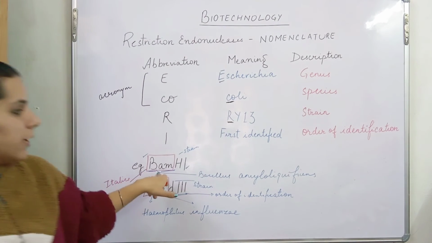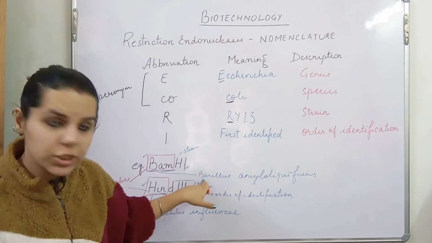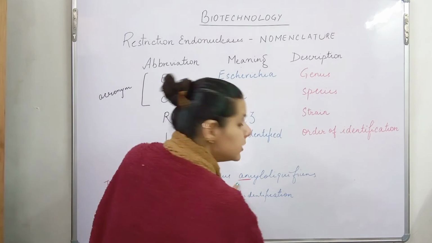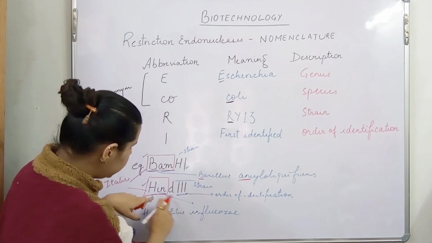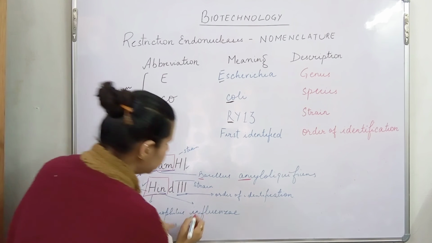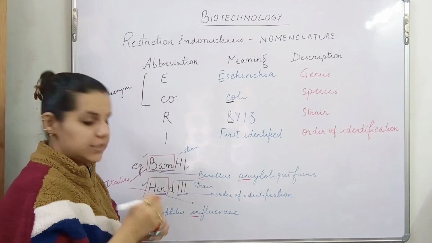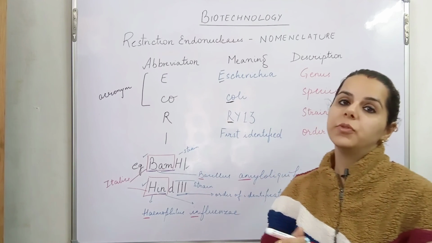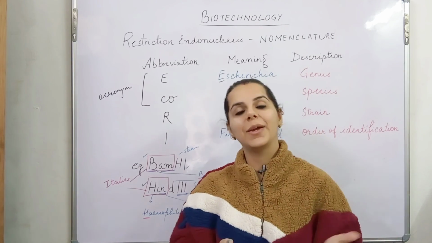Now the B is derived from the genus Bacillus, and am is also derived from the species. Similarly, in this, H is taken from Haemophilus and in is taken from influenzae. So this is how we name different kinds of restriction endonuclease. I hope this is clear.